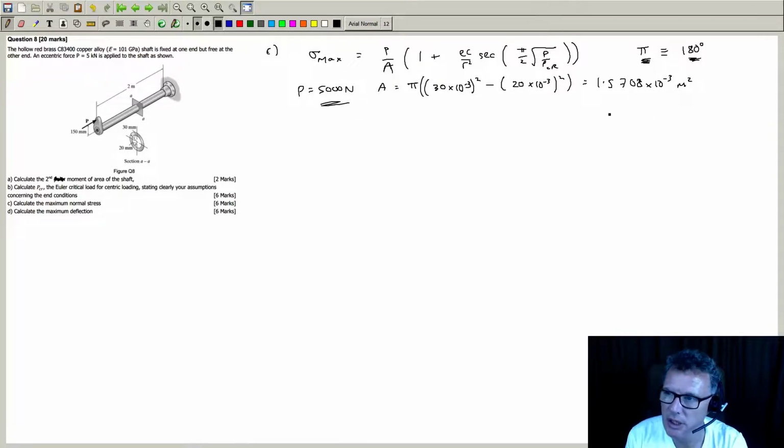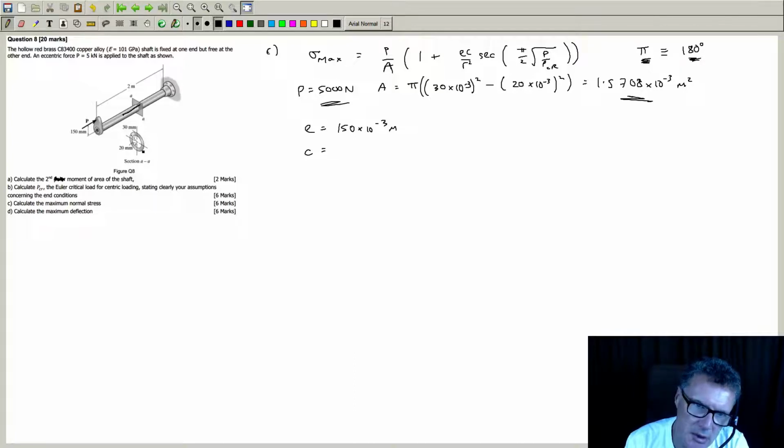So I've got my P, I've got my A. What about the e? The e is going to be the distance from the eccentric loading. So that's, looking at the diagram, 150 millimeters. What about my c? The c is then going to be the distance from the neutral axis of the bar that we're interested in bending.